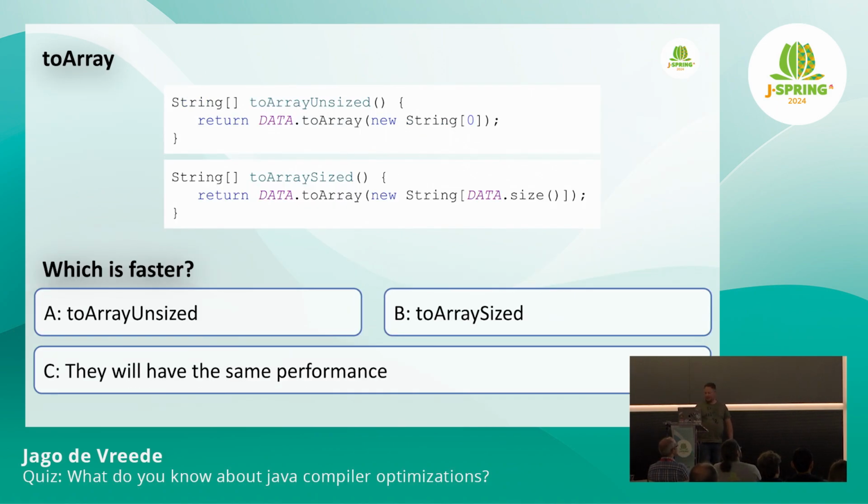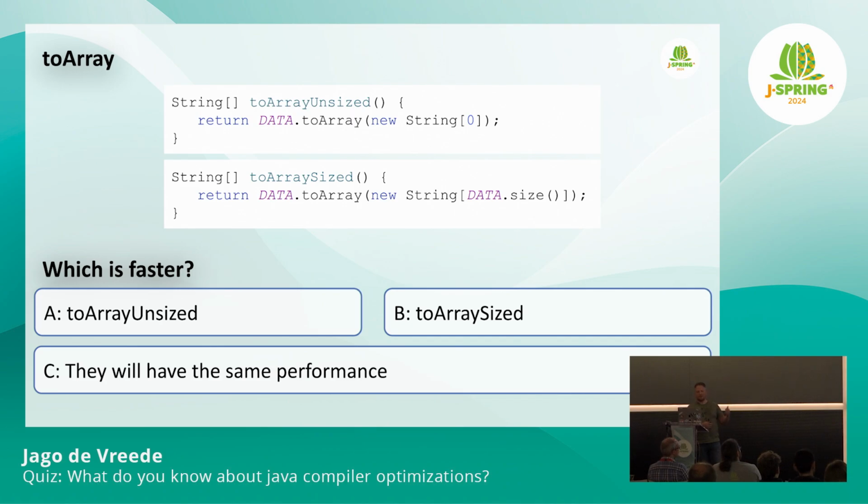Another easy one. I think everybody knows this little Sonar rule thingy that you need to do the string 0 with the toArray instead of the string with the actual data size, that you can actually help the toArray to say, hey, we're going to create something with this specific size.